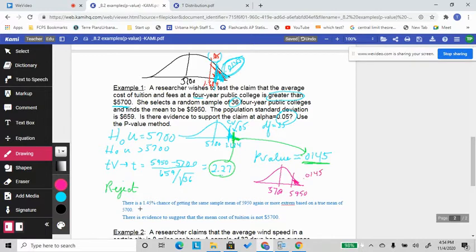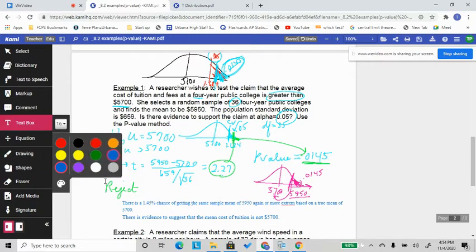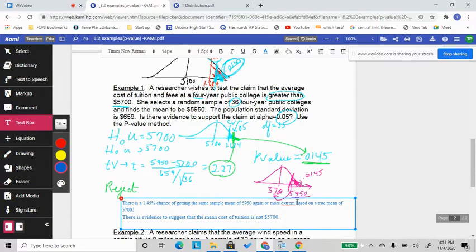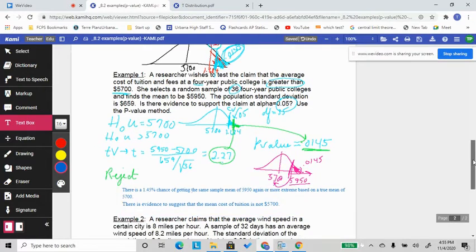So your p-value statement is there's a 1.45% chance of getting 5,950 again or more extreme, based on a true mean of 5,700. So this percent of getting this based on this, right? And up above is a template sentence for you. So let's go up above and talk about what I have up here for you.